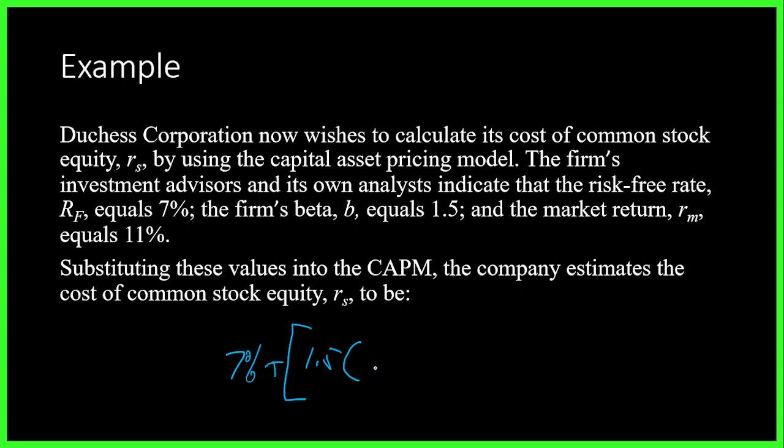But then you have to multiply that first with the difference in the market's rate of return, which is 11%, and then minus 7% for your risk-free rate. And you will now have 11 minus 7%, that's 4%. 4 times 1.5, that will now be 6. 6 plus 7, that will now be 13%. We now have 13% using the CAPM model.